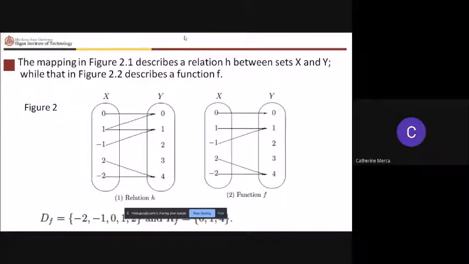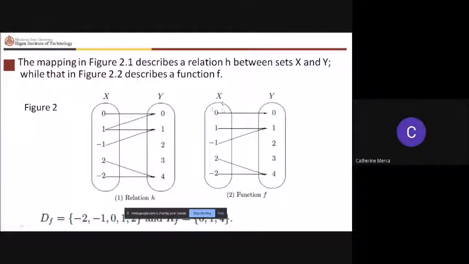I hope you already watched the video. 0, 1, and negative 1, 2, and negative 2, ma'am. Oh, very good. So the elements of x, which is called the domain, are 0, 1, negative 1, 2, and negative 2. And the elements of y, which are supposed to be your codomain, are 0, 1, 2, 3, 4.